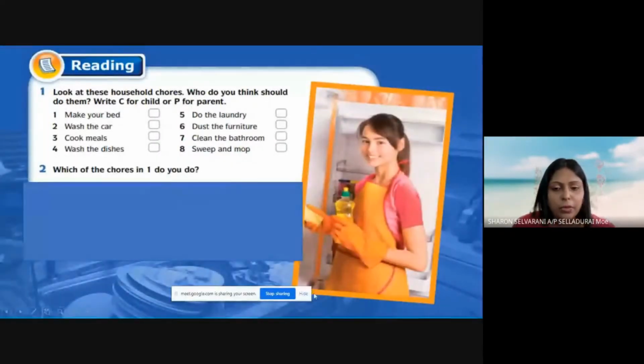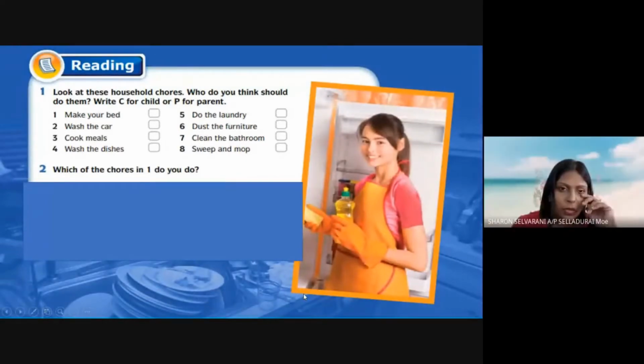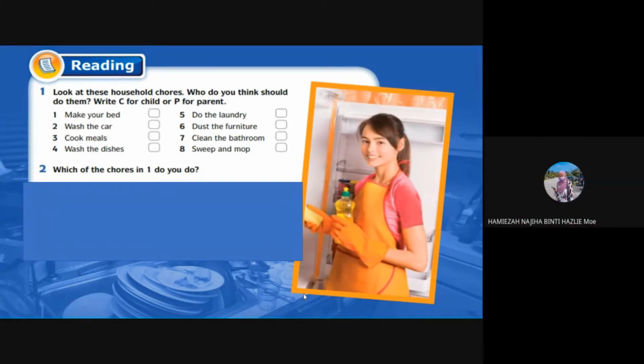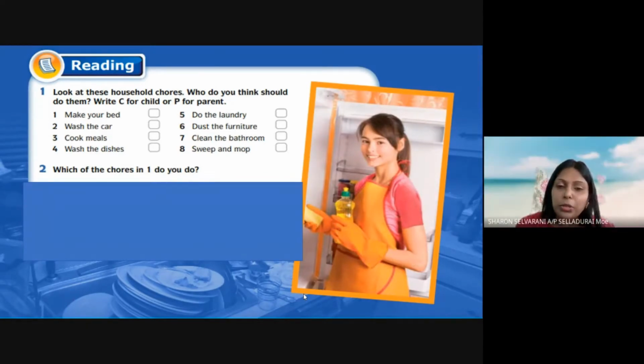Okay, can you see now? Yes. Okay, who is supposed to dust the furniture? Who should do it? The child or the parent? Child. Okay, clean the bathroom.